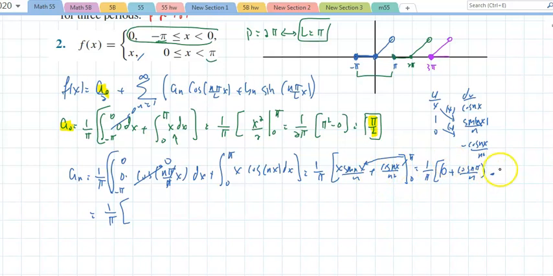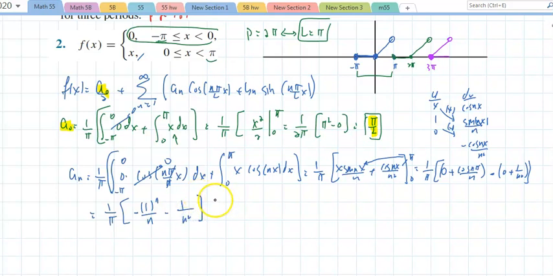Minus, if I put a 0 in there, that's going to be 0 plus 1 over n squared. So this is going to be 1 over pi times negative 1 to the n over n, let me make sure n equal, yeah, minus 1 over n squared.